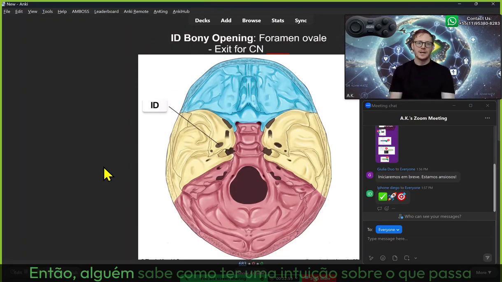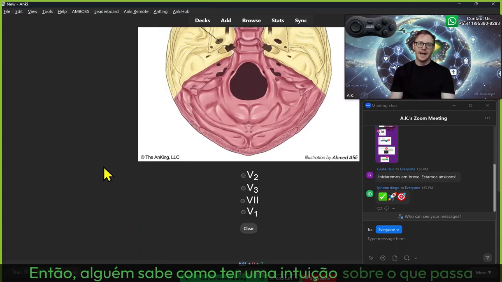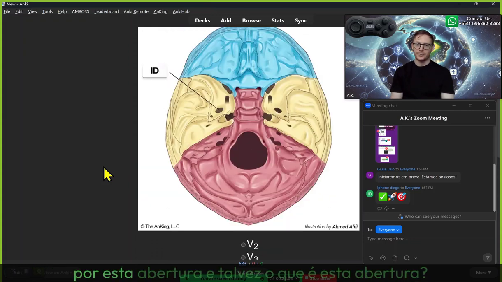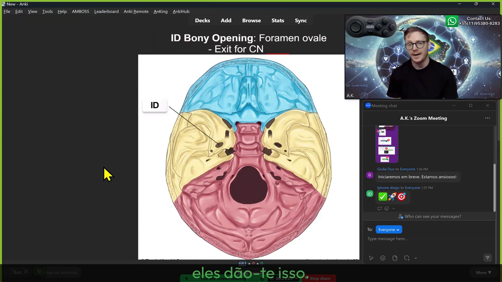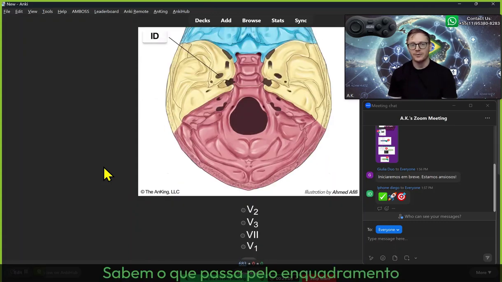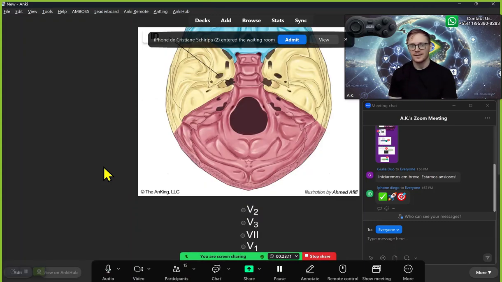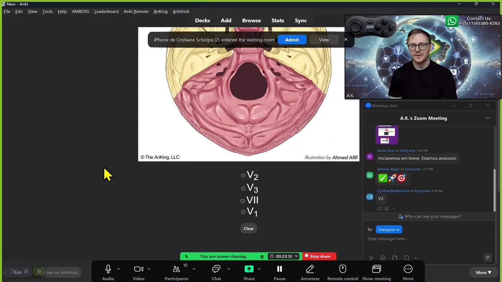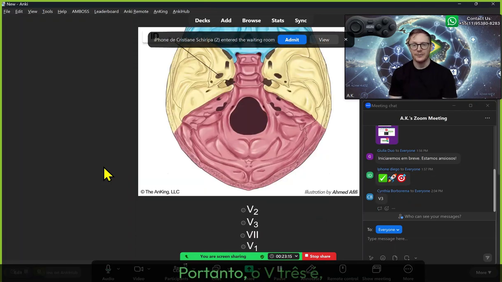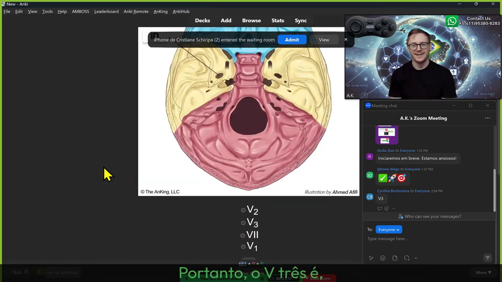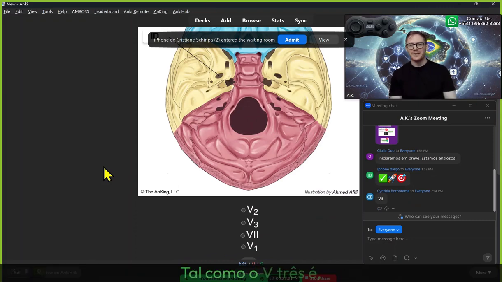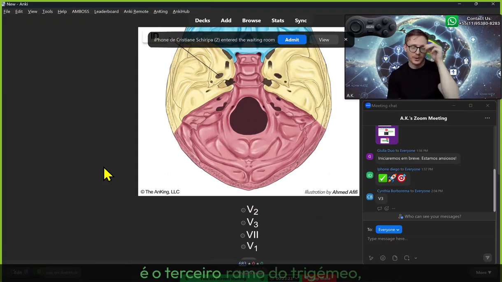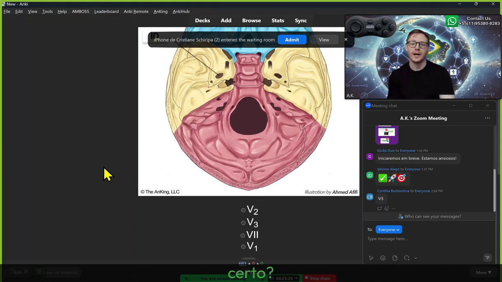So, does anybody have an intuition as to what runs through this opening, and maybe what this opening is? It's the foramen ovale. They give you that, but do you know what runs through the foramen ovale? V3. All right, V3, that's a good start. V3 is the third branch of the trigeminal, right?